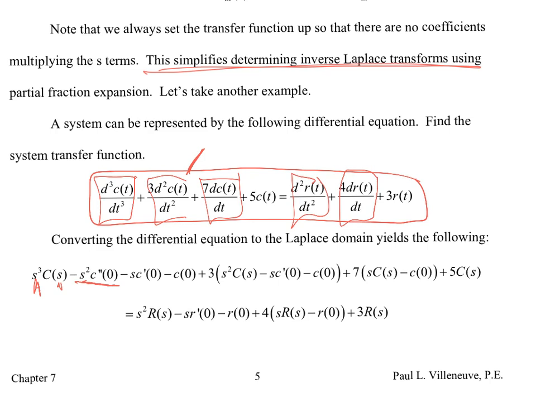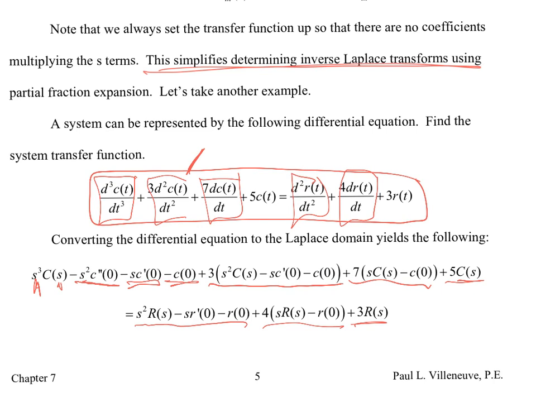I have to subtract s squared times c double prime of 0, minus s times c prime of 0, minus c of 0. That's my triple derivative. Then here's my second derivative, here's the first derivative, and here's my final non-derivative term. And then I do the same thing for the other side. This is my second derivative, first derivative, and then this is the regular term.